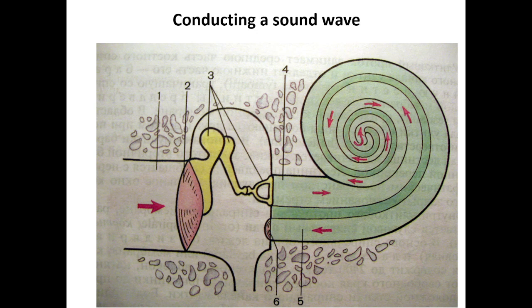The sound is vibration of the air around us, and this vibrating air should be conducted into vibrating of the fluid in the internal ear, the vibrating of the endolymph, and how does it take place.